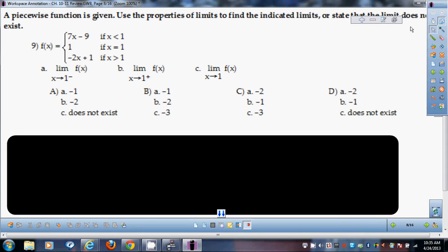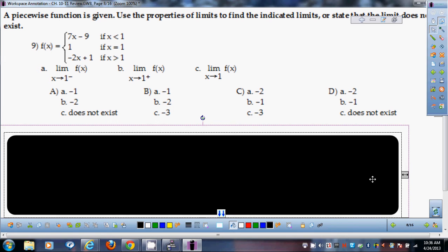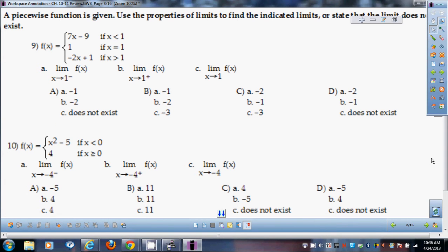Try this one. Oh, try that one. Who can tell me what the left hand limit is? Just the lefty. Glenn! Is it what?